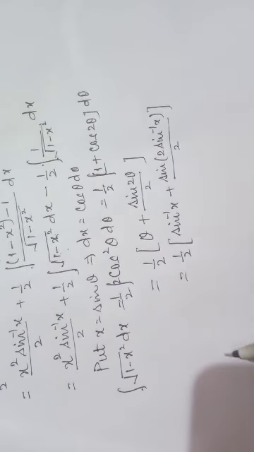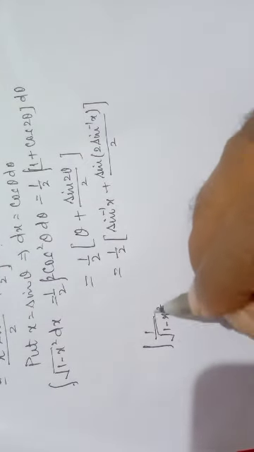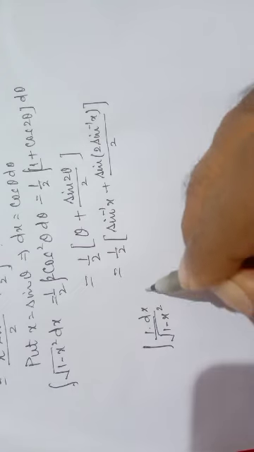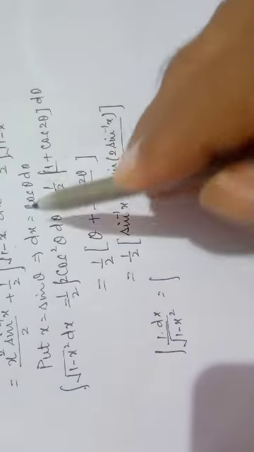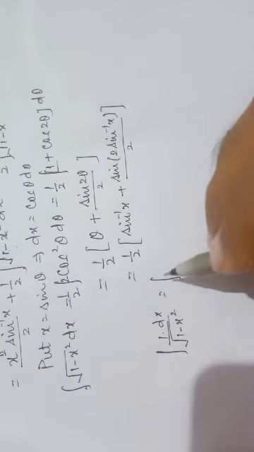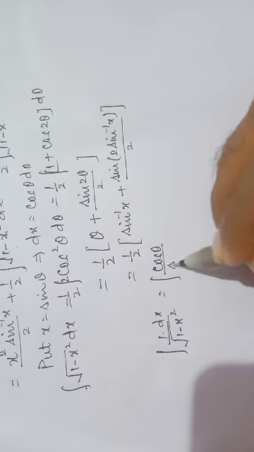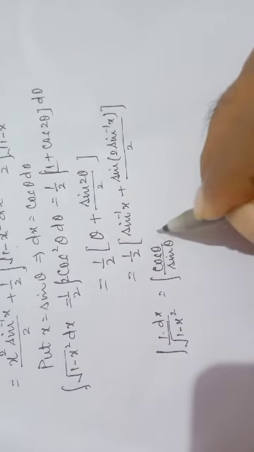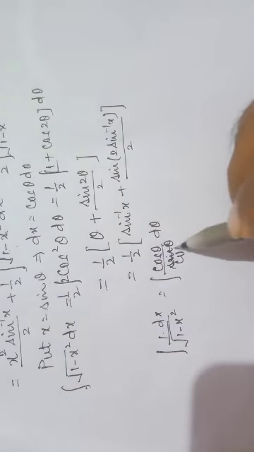And the integration of 1 upon under root 1 minus x square dx is cos theta d theta upon cos theta, again d theta.